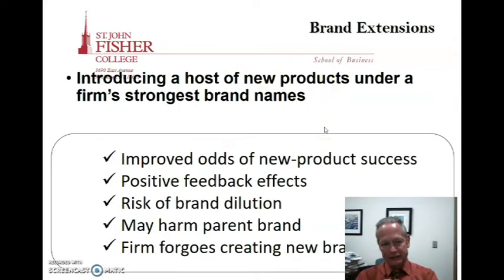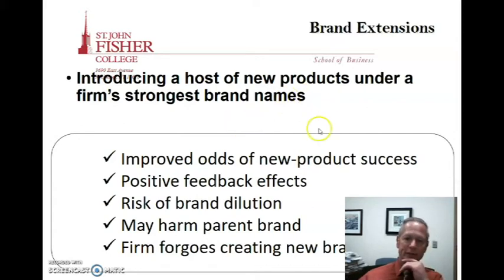Brand extensions is introducing a host of new products under a firm's strongest brand names. Again, the best one for brand extension would be Black & Decker. Black & Decker was very strong in power tools and now they're strong not only in power tools but also kitchen appliances. It's improved odds of new product success and all these things that you see in the box there.